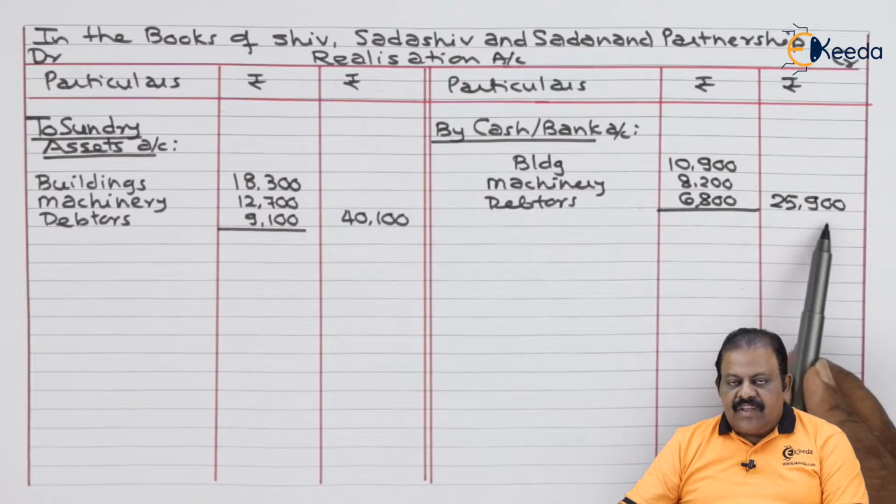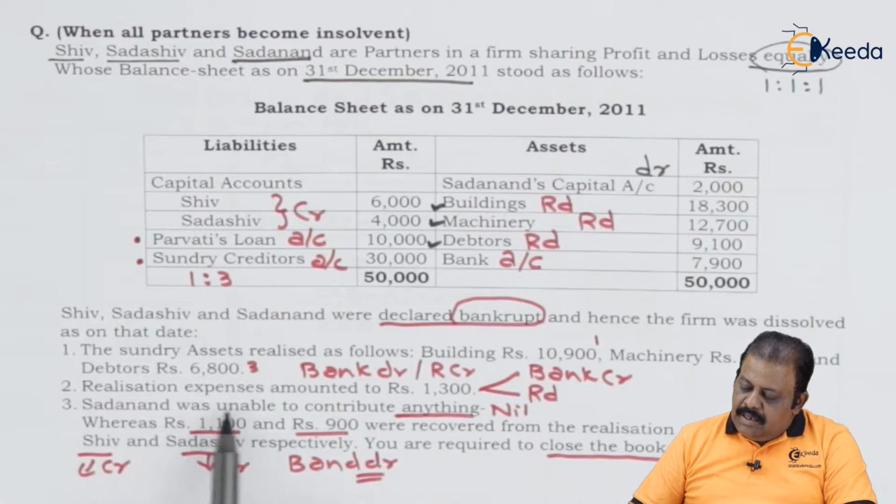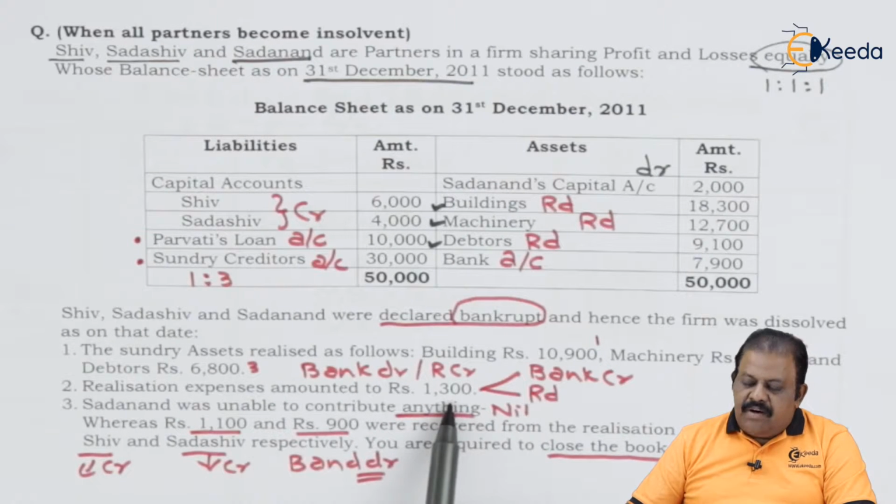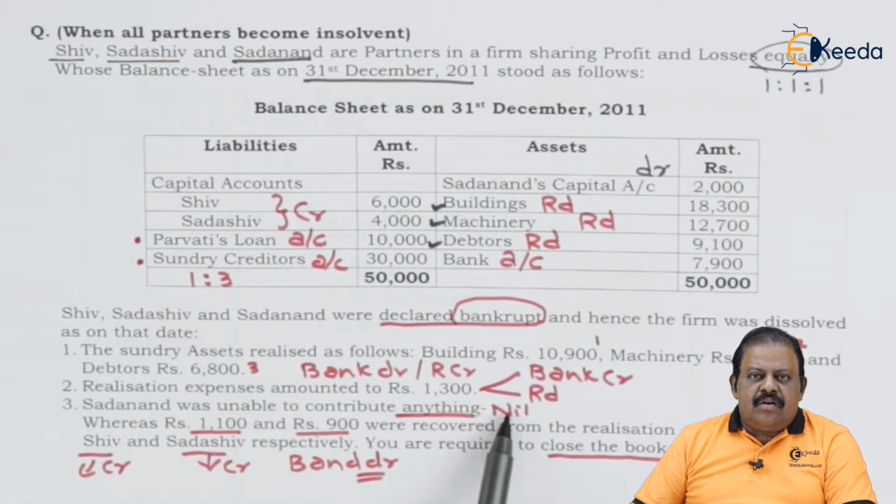Total amount 25,900. Realization expenses amounted to 1,300: bank credit, realization account debit.